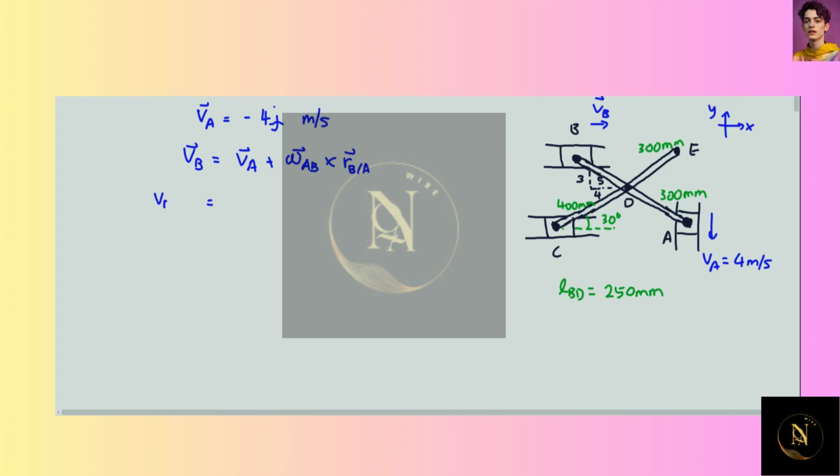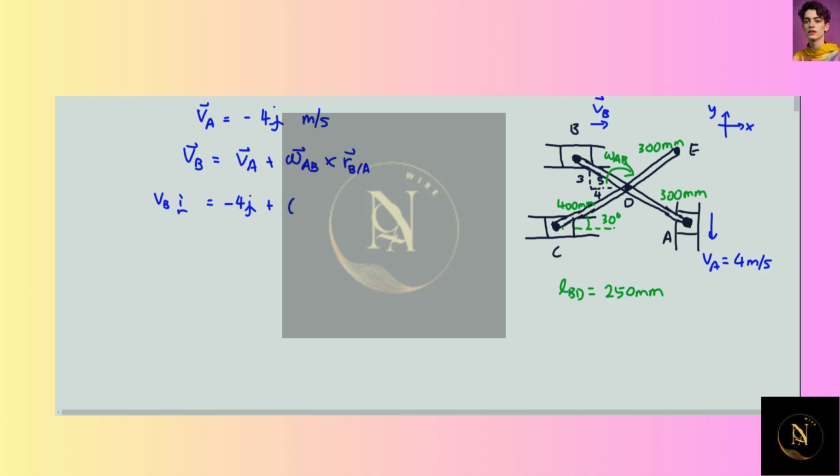So VB i hat is equal to minus 4j plus, taking the fact that A is moving downward and B is going to move right, that leads to AB going clockwise.